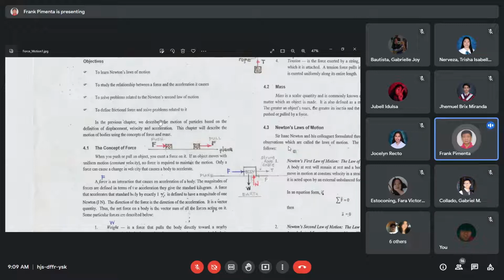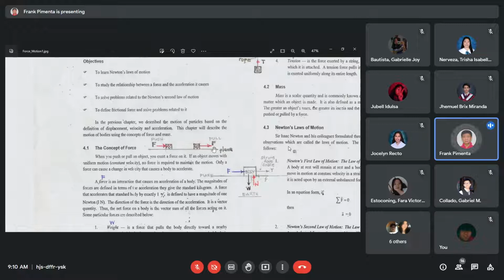So earlier we were discussing these quantities, change of position, motion, and the quantity that changes the position of the object is called force, denoted by capital letter F. So if somebody pushes or pulls the body or object, that is called force, capital letter F.